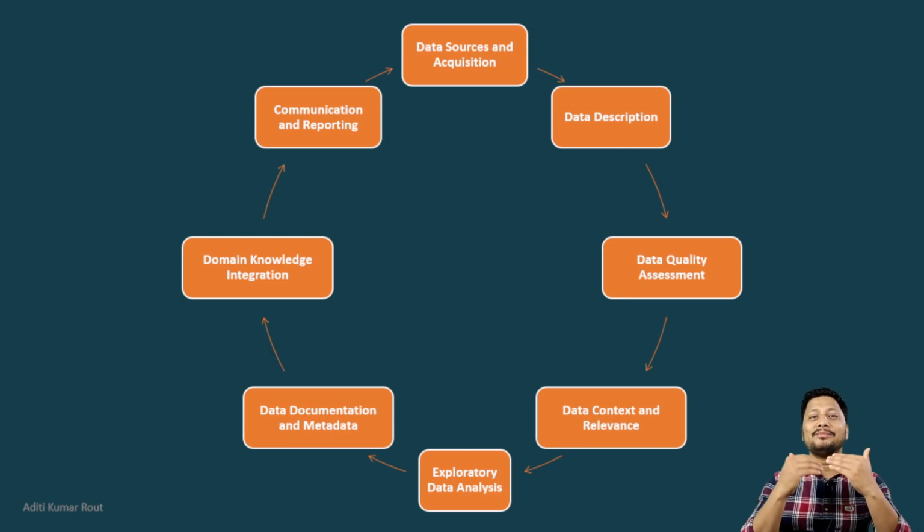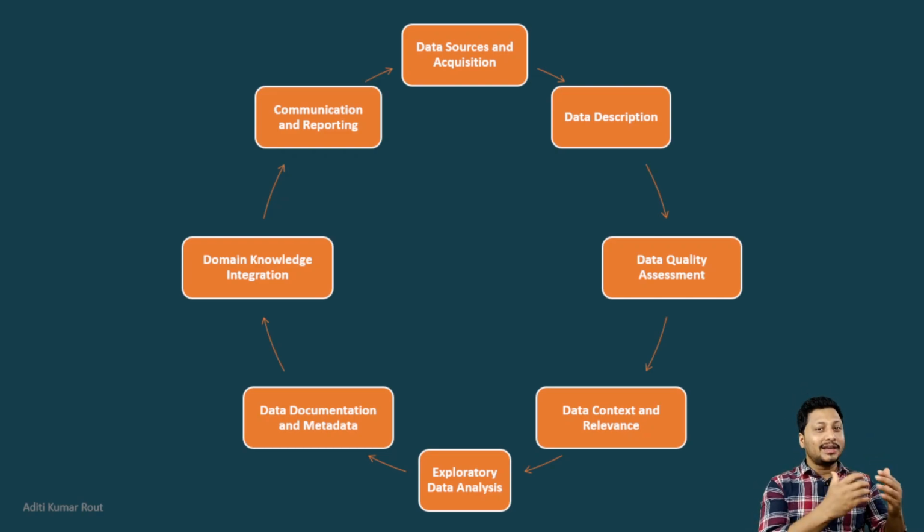The next building block of our data understanding cycle is data context and relevance. What exactly does it tell? Whatever data we are collecting and understanding, this is specific to one experiment. For executing one experiment or for solving a real world problem, we are collecting the data.